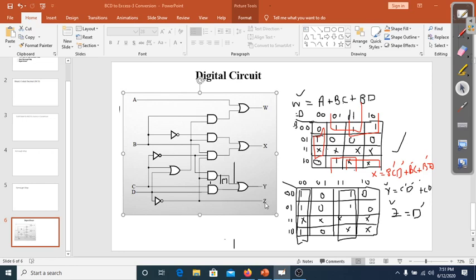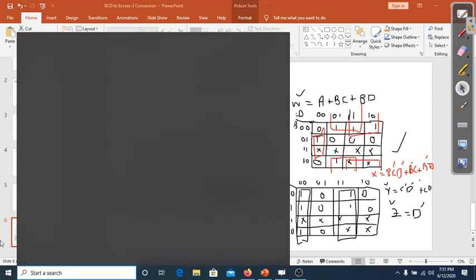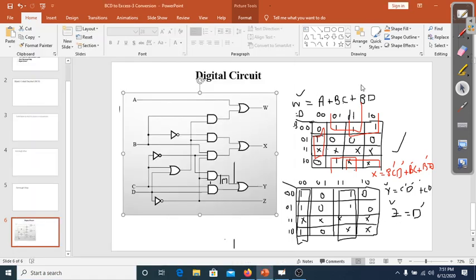And the output Z is connected with D prime. So that's it. Hope this lecture works for you, and thank you.